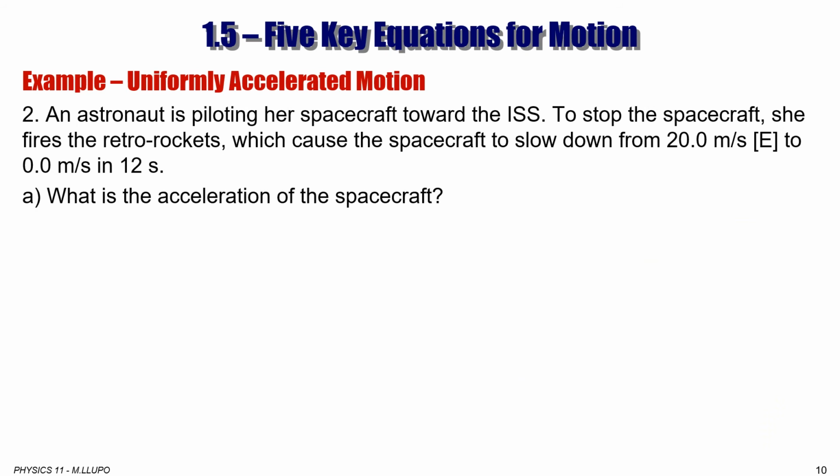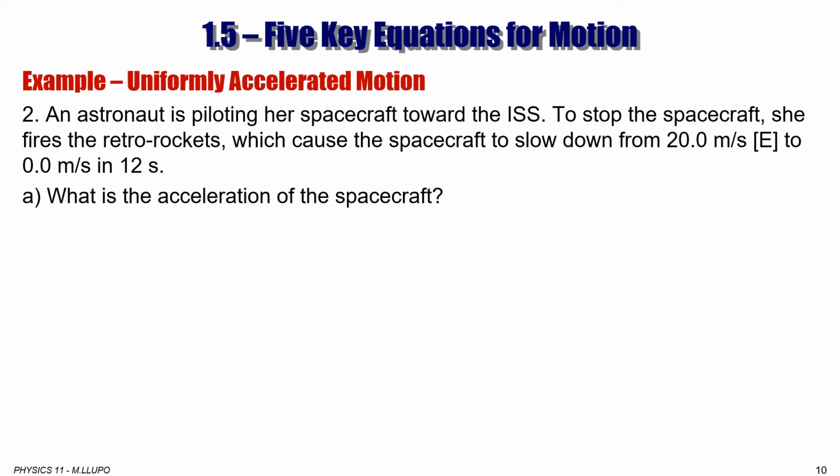Here is another example of using those key equations for solving uniformly accelerated motion. An astronaut is piloting her spacecraft toward the International Space Station. To stop the spacecraft, she fires a retro rocket, which causes the spacecraft to slow down from 20 meters per second east to 0 in 12 seconds.